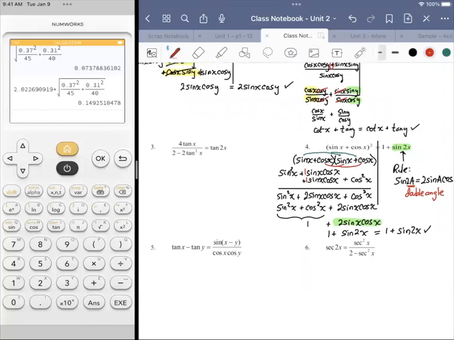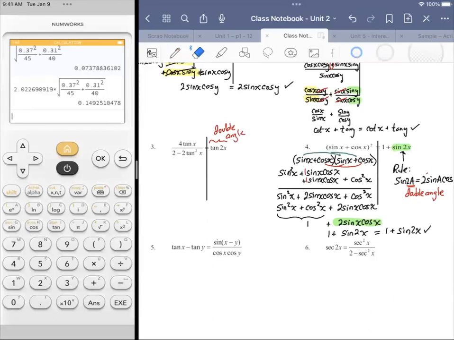Speaking of rules, whenever you see a 2 in front of an angle, there is a rule for it. It's just a question of how far you have to look to find it. It's helpful if you know what the things are called, which is why I reference this over here as a double angle. This is also a double angle. If there is a double angle in your expression, there is a rule that can be applied.